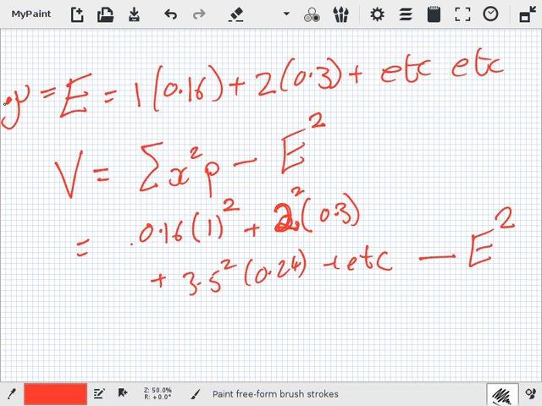Don't close this. You said this is perfect. Mu squared is equal to E squared. The answer here, this one is the E square.